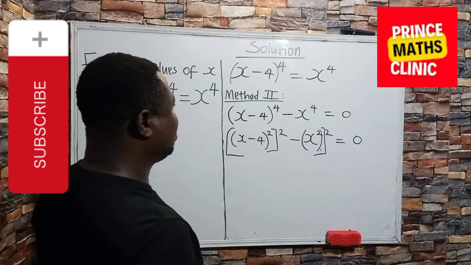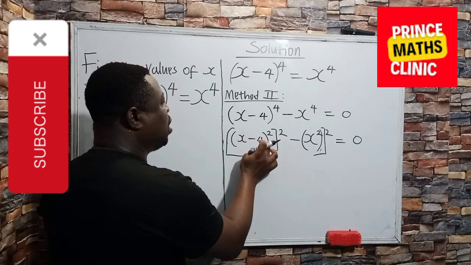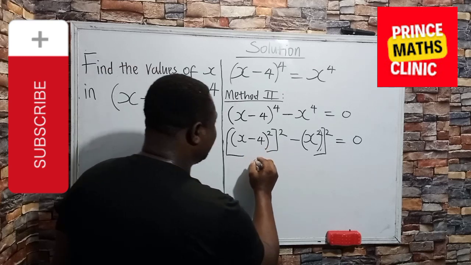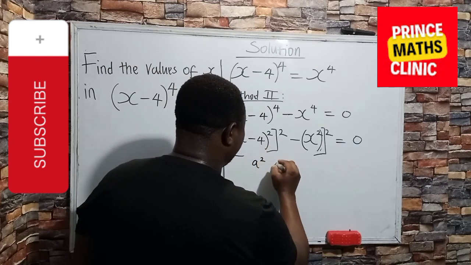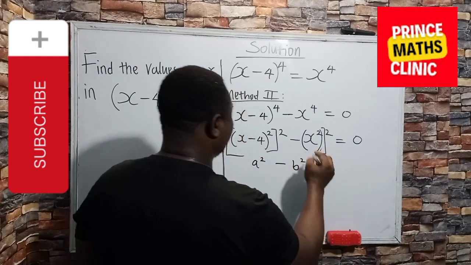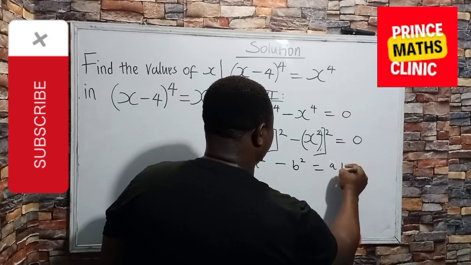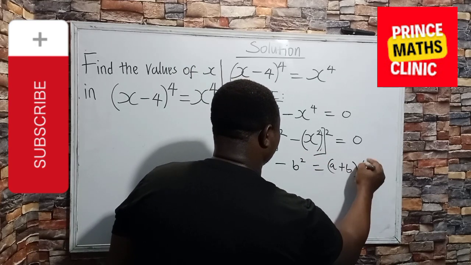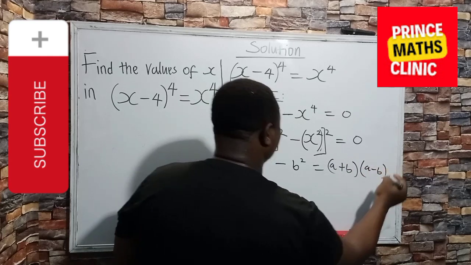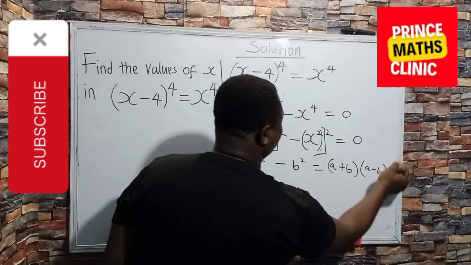Looking at this, it is a difference of 2 squares, the case of a squared minus b squared, which will become a plus b multiplied by a minus b, all equal to 0.